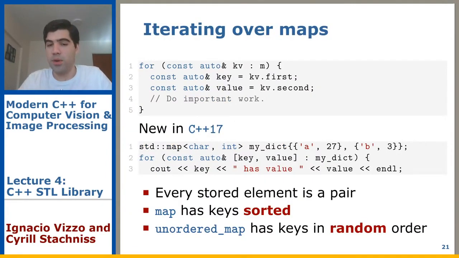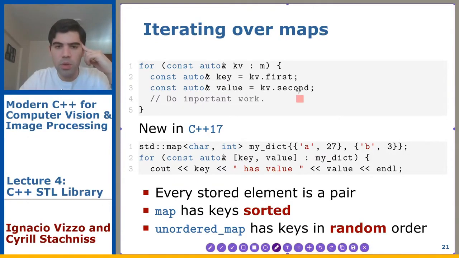The way of iterating over these maps, this is something we saw on a previous lecture, as a spoiler. Usually you will iterate over the container, so this is a map, for example, and then you will use a key value variable. In order to access the key, you need to access the first element of this value, and in order to access the value, you will need to access the second element of this value, because that's the pair.